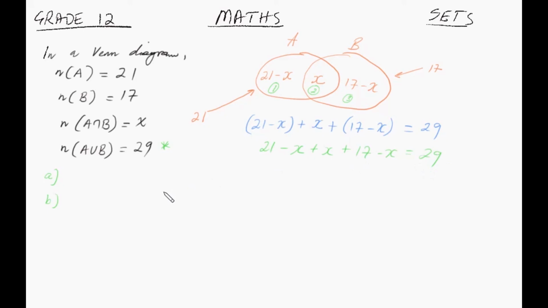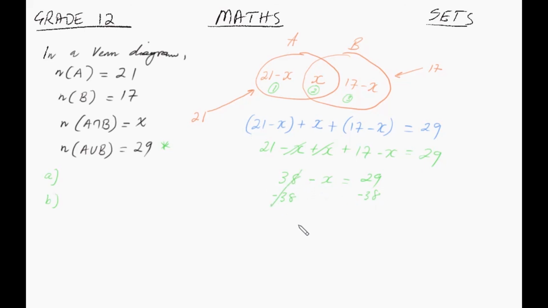When we simplify, negative x plus x is 0. It's the same as negative 1 plus 1, that is 0. Now we have 21 plus 17, which is 38, minus x is equal to 29. So we subtract 38 from this side and from this side to balance our equation.